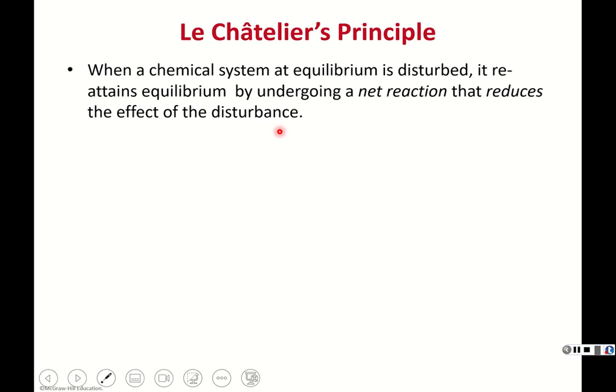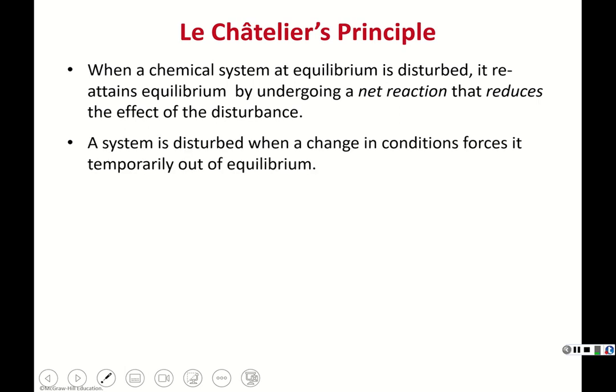Right. So Le Chatelier's principle. Okay. And basically it's stated as: when a chemical system at equilibrium is disturbed, it retains equilibrium by undergoing a net reaction that reduces the effect of the disturbance. Okay.